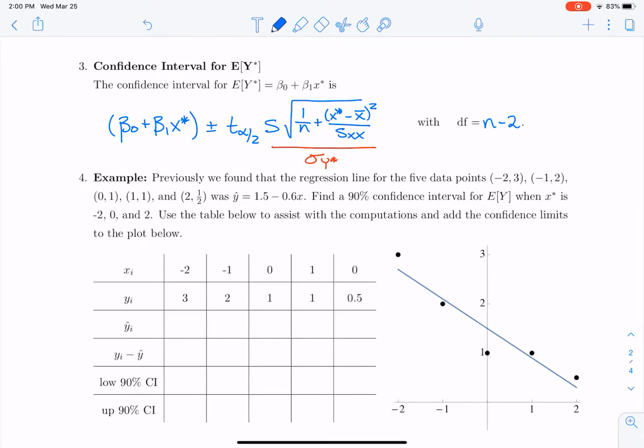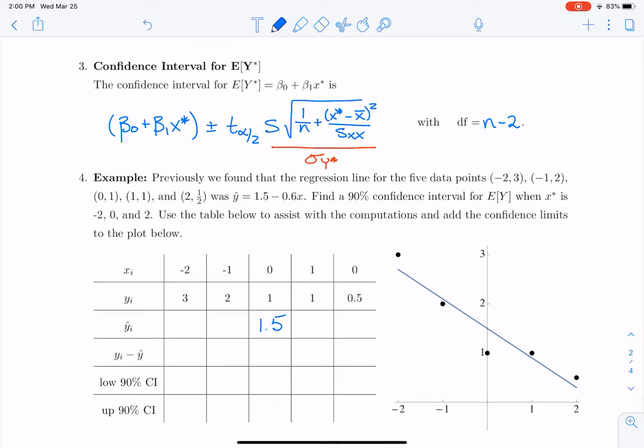So what we want to do is find y sub i hat. Those are going to be the estimates of y sub i using our regression line. So the first one I'm going to fill in is when x sub i is 0, clearly it's 1.5 minus 0.6 times 0. So my intercept is 1.5 for the line.